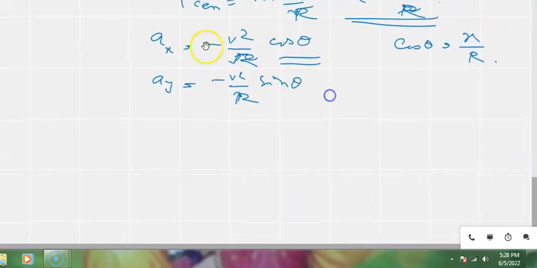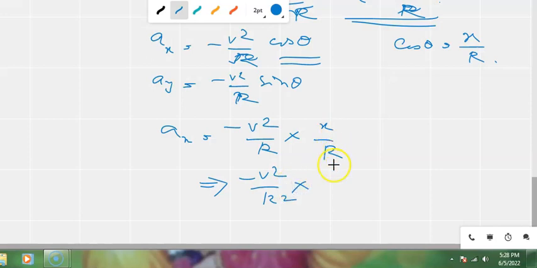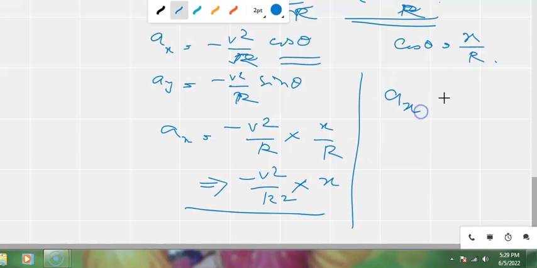So what we get is Ax is equal to minus v square by r, and cos theta is x by r. So what we get is minus v square by r square times x. Here the force is proportional to minus displacement, and that gives rise to simple harmonic motion.